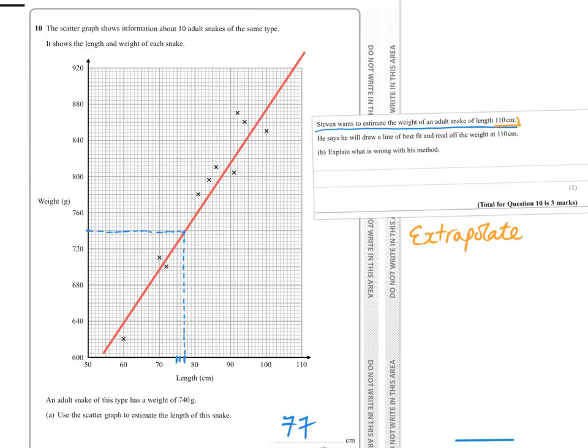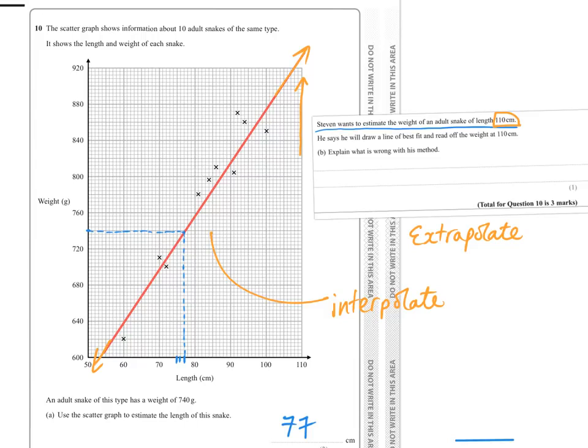Because 110 is outside the range of the data, because it only goes up to 100, you're having to make too many assumptions here. When you're below the data or above the data, you can't interpolate, so that's between, interpolate on the data that you've got.